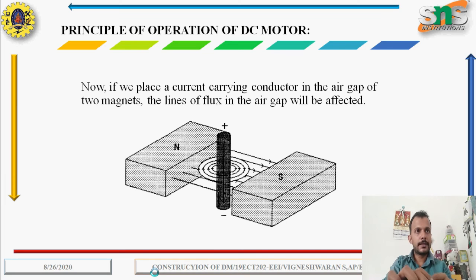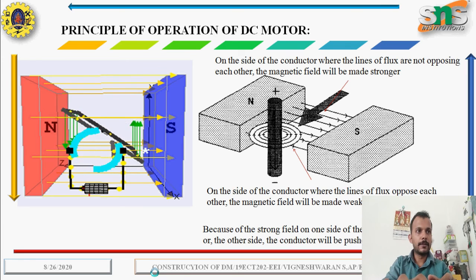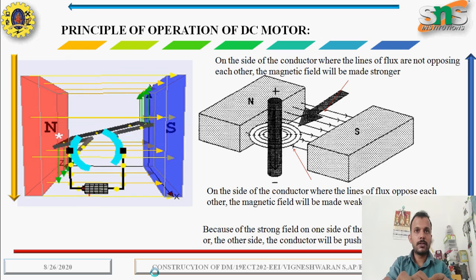Now if we place a current carrying conductor in the air gap of the two magnets, the lines of flux in the air gap will be affected. On the side of the conductor where the lines of flux are not opposing each other, the magnetic field will be stronger.